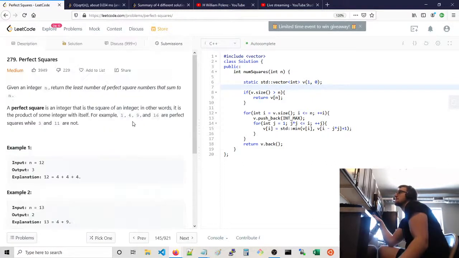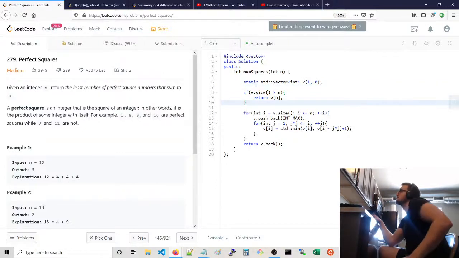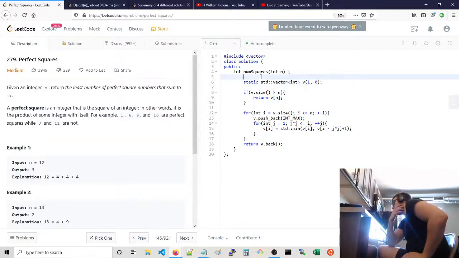All right, what's the question looking for? The least number of perfect squares that sum to n. So what's interesting about this is if it's not 1, it's not 2, it's not 3, it must be 4, right? It's always 4. So the set of 1s we know right out the gate.